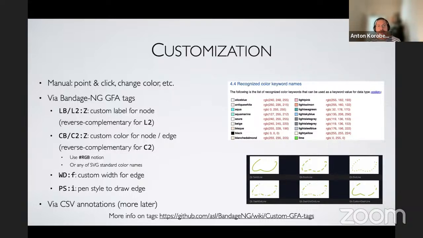For edges, one could specify the custom width of the edge, or could even change the way the edge is being drawn, the pen style: either it's a solid line, or dashed line, or dash-dot, or double dot, whatever. Plus, all these things could be added via CSV annotations, so not only for the tags. Here is some breakdown on the tags in the Bandage-NG wiki as well.